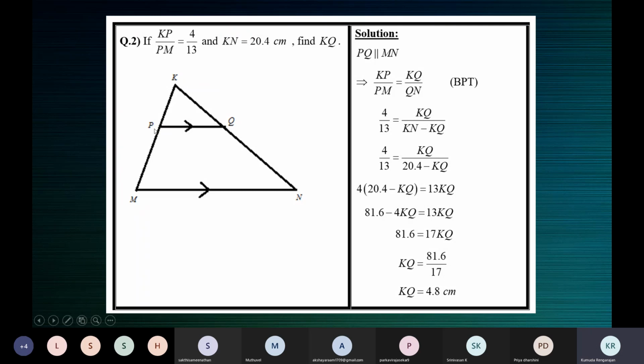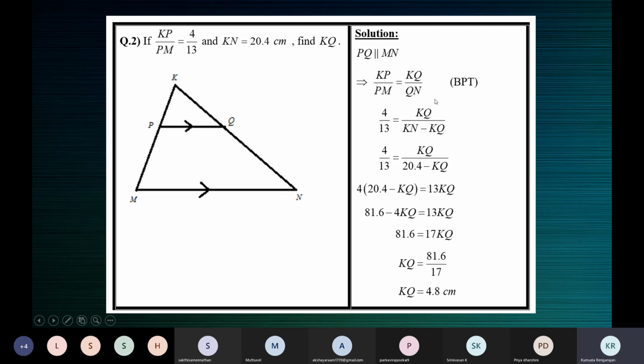If you have taken KP by KM, that will be 4 by 17, because KP is 4 parts, PM is 13 parts, then KM will be 4 plus 13, 17 parts. So 4 by 13 is equal to KQ, which is what we have to find.